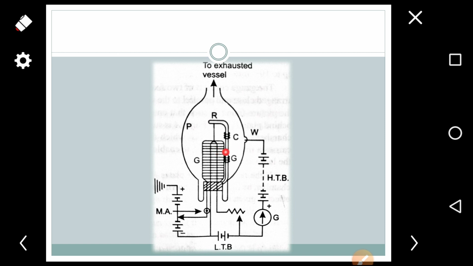However, quite a few of them get past the grid and ionize the gas between the grid and the plate. The positive ions thus released are collected by the plate, while any electrons reaching it are repelled. The ionization current thus produced is indicated by the galvanometer.